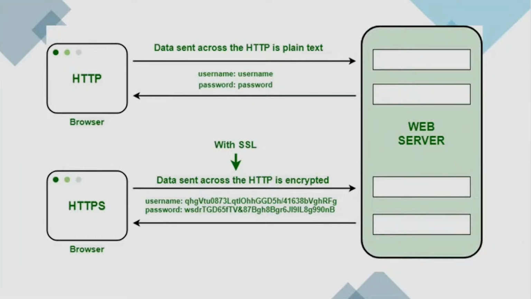That is provided by SSL, Secure Socket Layer. Whatever data we send when requesting a resource from the client to the server will be sent in a secured manner, which means it will be encrypted.